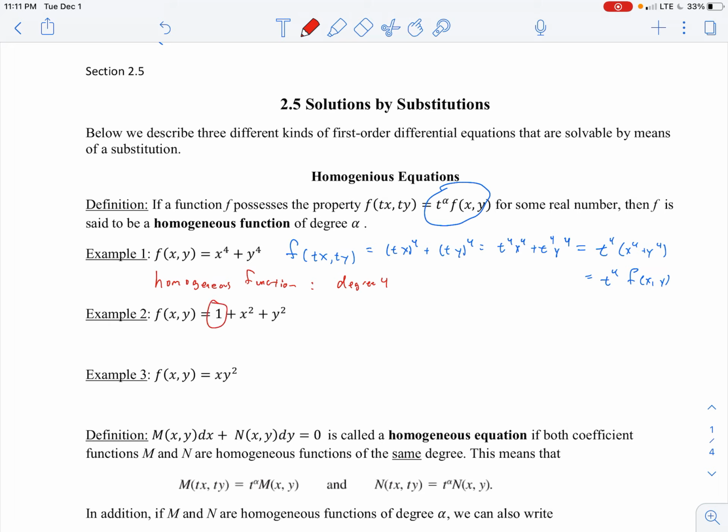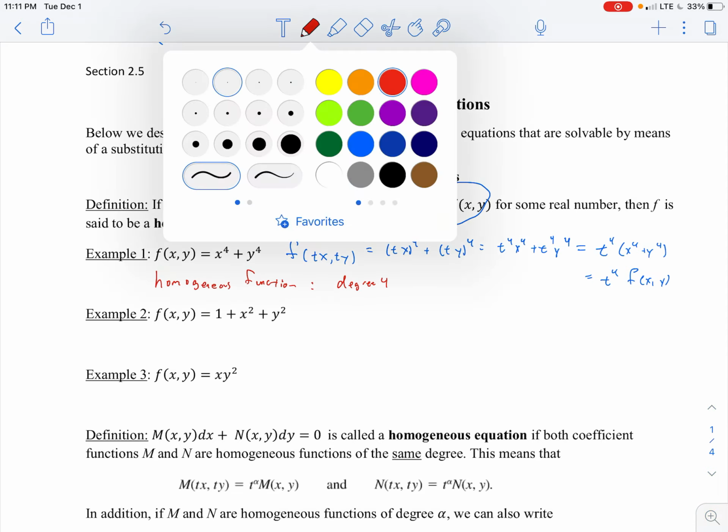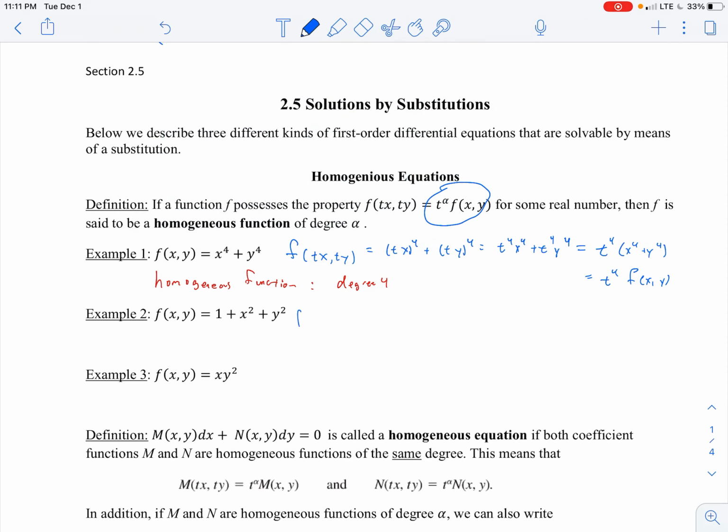All right, we can look at the next one here. Again, that term is 1, so we really can't substitute anything in there. If we were going to do f of tx, ty, you'll see this one real quick.